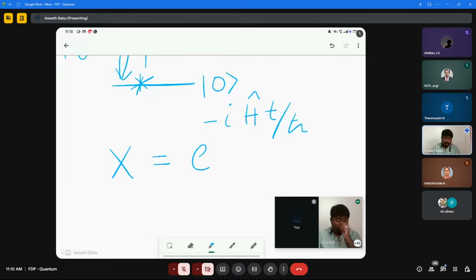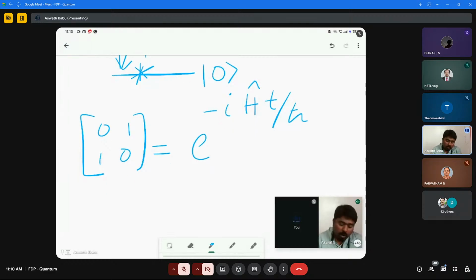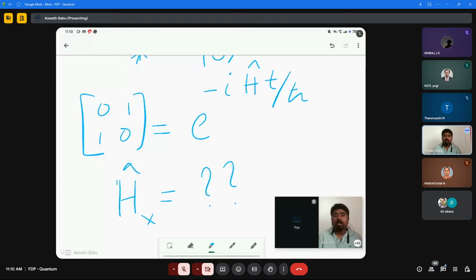Now, I know the X gate form, right? If you want, I can just write down the X gate form, which is [[0, 1], [1, 0]]. This is the X gate form. Now I know the left hand side. On the right hand side, I have a Hamiltonian. So you can find out in a reverse manner what is the corresponding Hamiltonian for a given X gate. I'll put a subscript X for that. Okay.